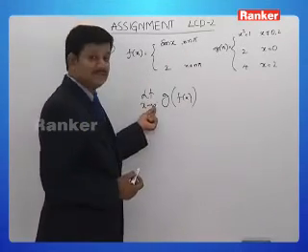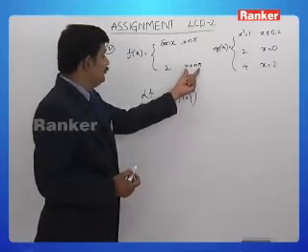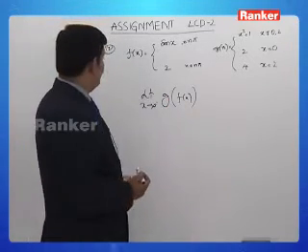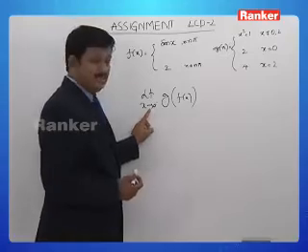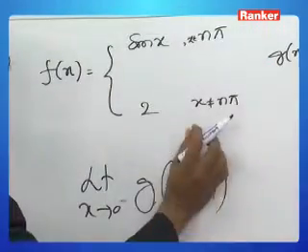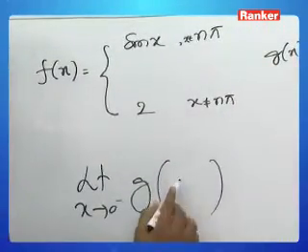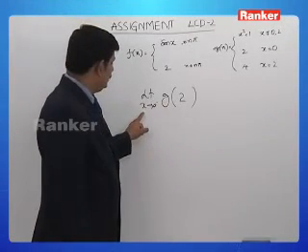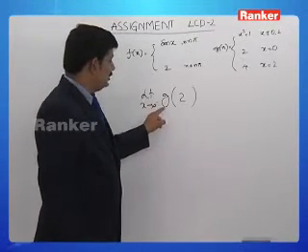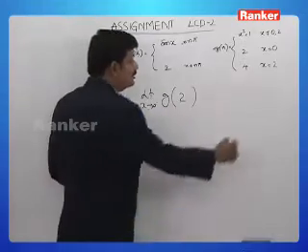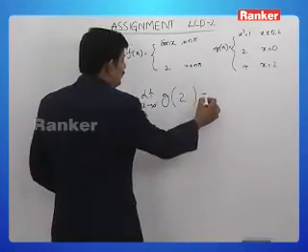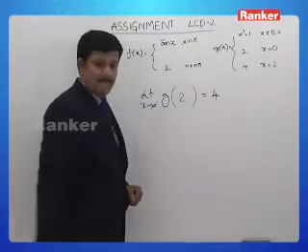So it falls into the category of x not being n pi, and whenever x is not n pi, f of x is a constant function 2. So we can replace f of x with 2. The left hand limit will be g of 2, and g of 2 we all know is 4. So, left hand limit is 4.